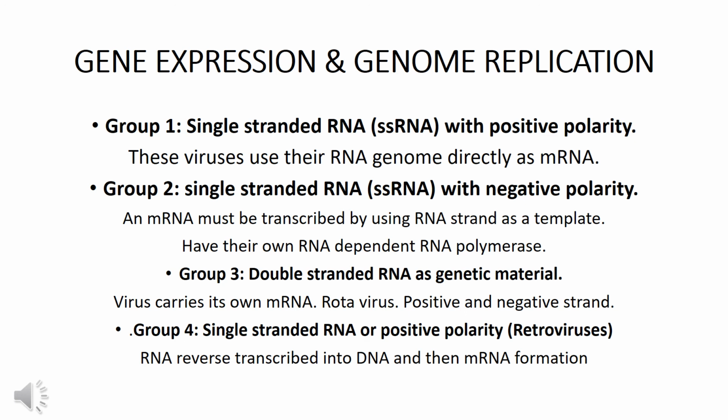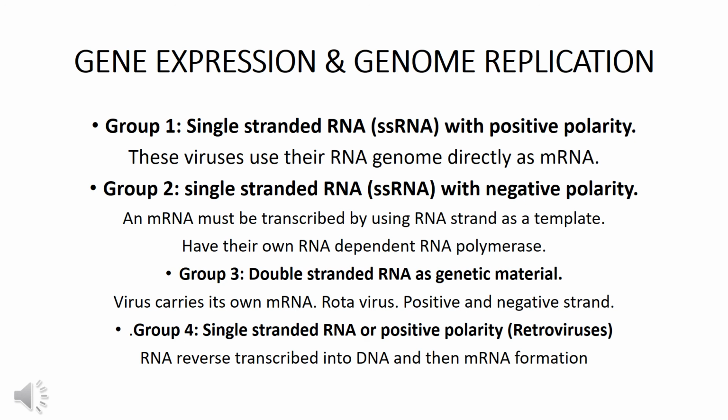But in the case of negative sense, or negative single stranded RNA viruses, first of all formation of mRNA is necessary, because the negative RNA of the virus is unable to be detected by the ribosome of the host.